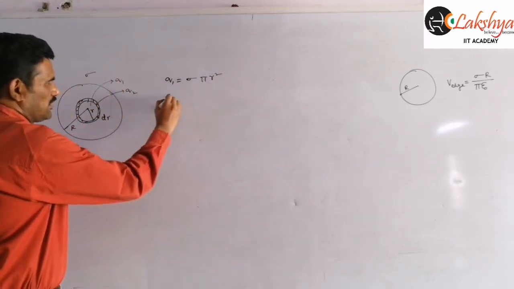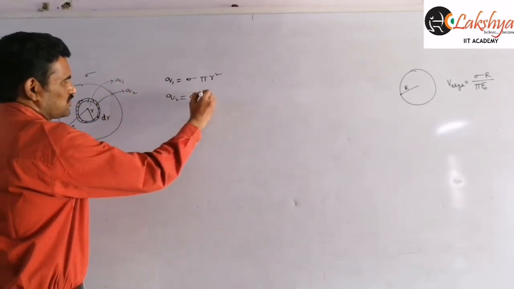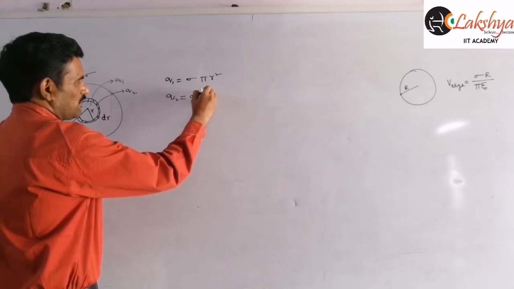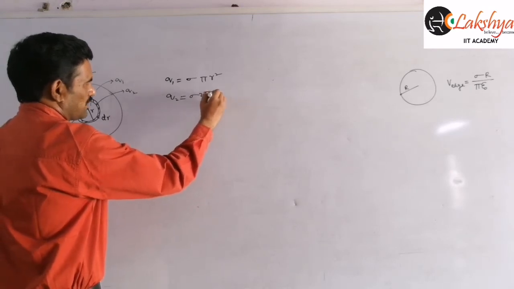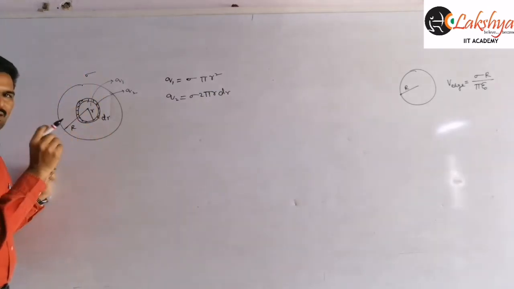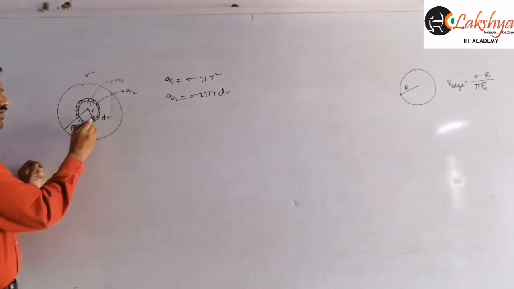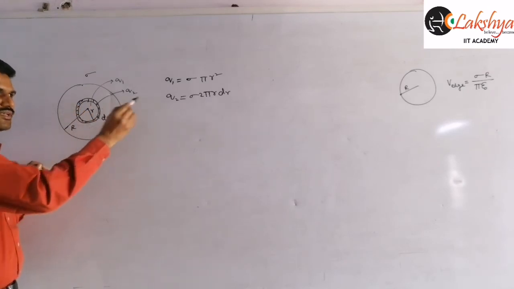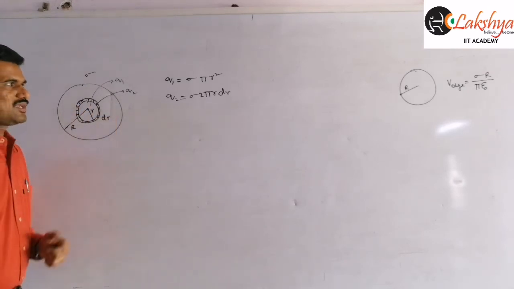Q2 is sigma into the area of this ring element on which the charge is present: 2 pi r gives the circumference, into dr, gives the area. So Q2 is sigma into 2 pi r dr.